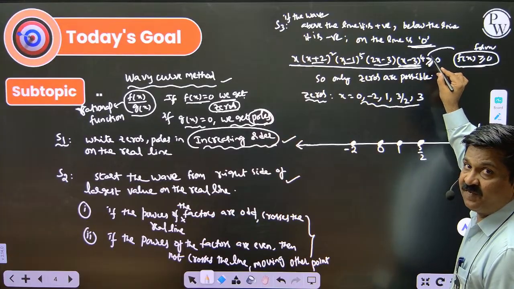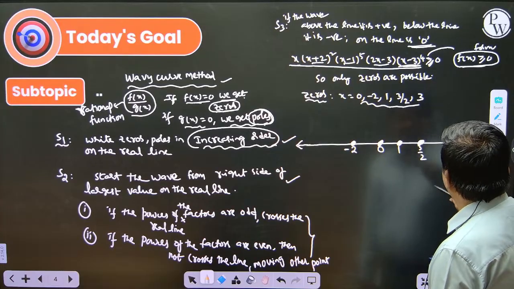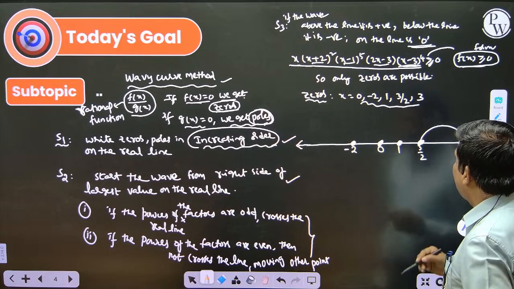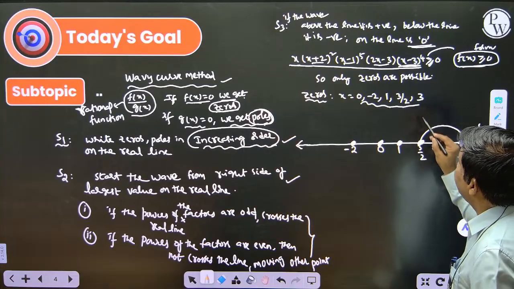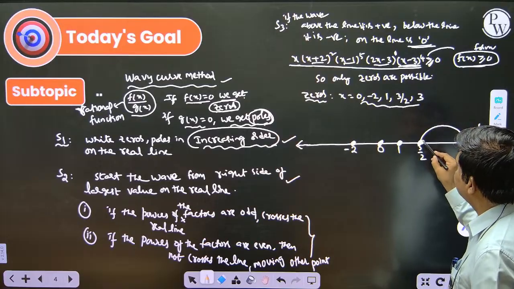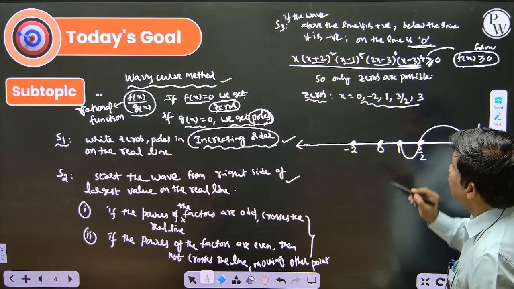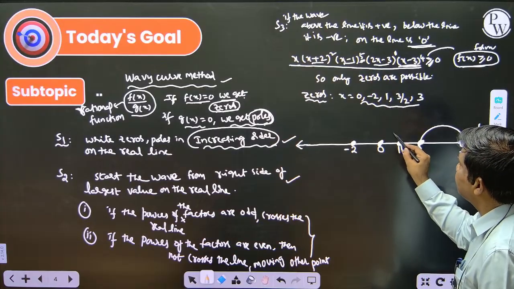Its power is 4, an even number, so we should not cross it. Again move to another one. 3 by 2: its related power is 1, an odd number, so we can cross it. Coming to 1: its related power is 5, an odd number. We can cross it.